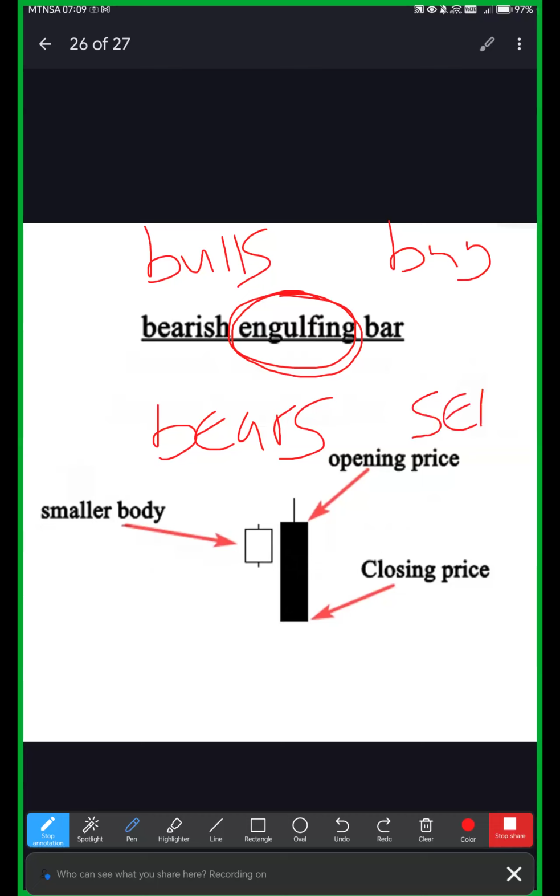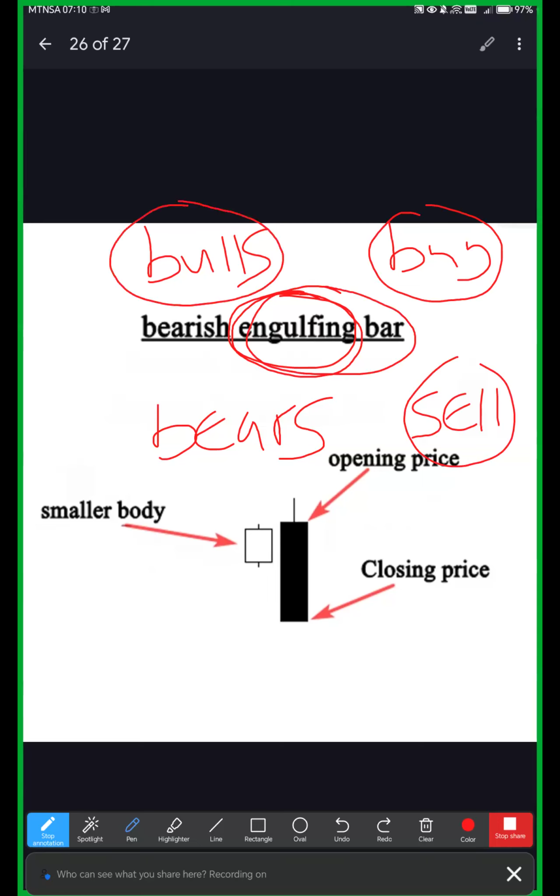So every candlestick chart pattern that we are going to explore is going to be either for buyers or for sellers. One of the two. That's why when it comes to engulfing bars, we are going to establish engulfing bars for sellers, and we're also going to establish engulfing bars for buyers.